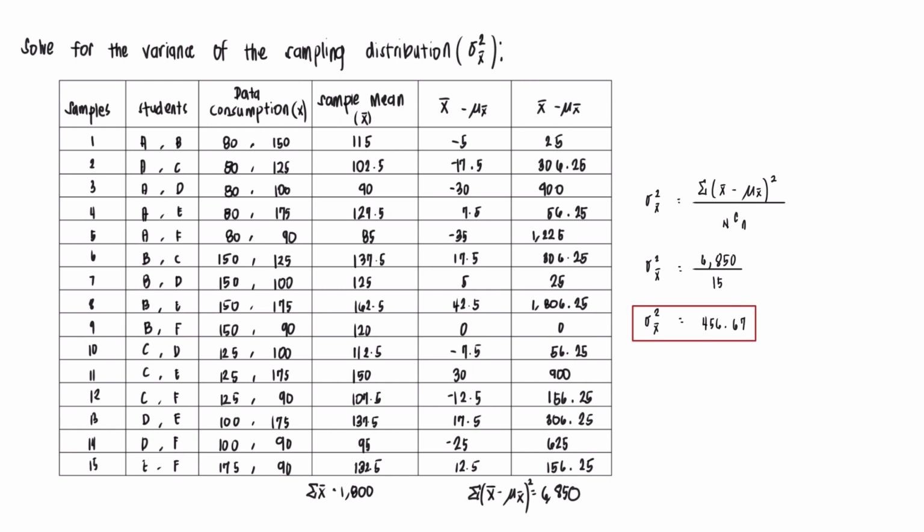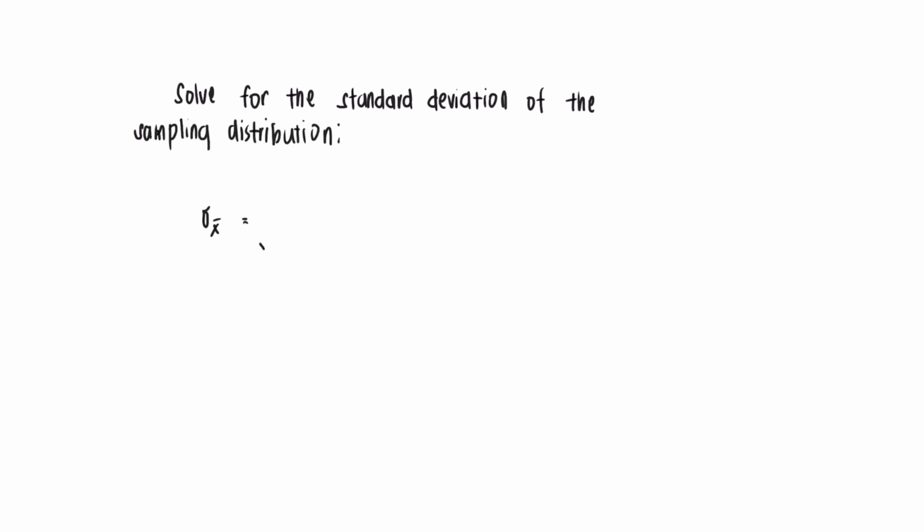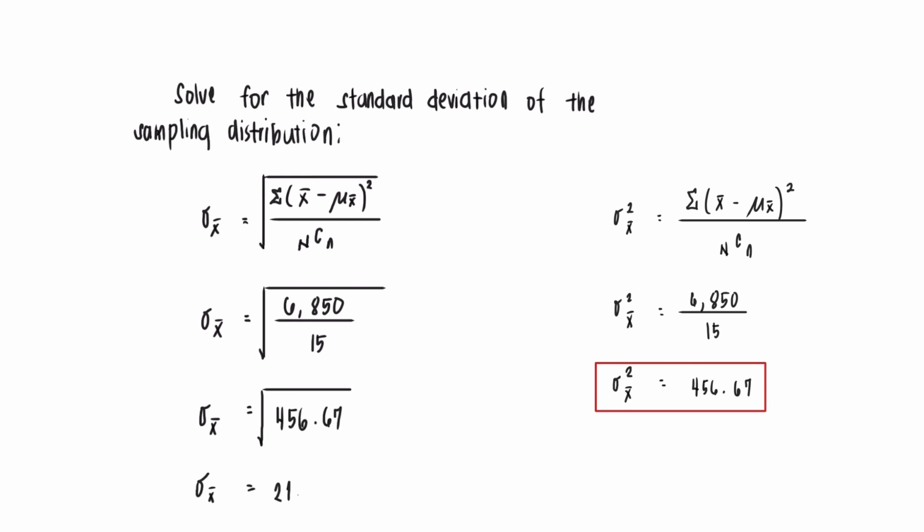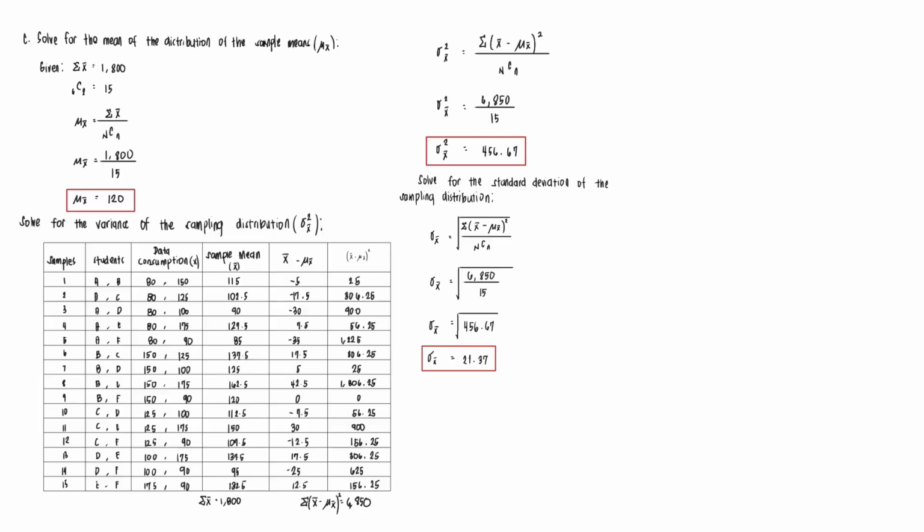Now we are going to solve for the standard deviation of the sampling distribution. We are just going to find the square root of the computed value of the variance of the sampling distribution, which is 456.67. So it will be the square root of 456.67, which is equal to 21.37.